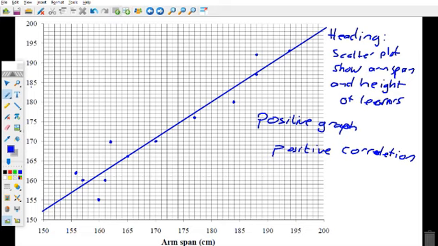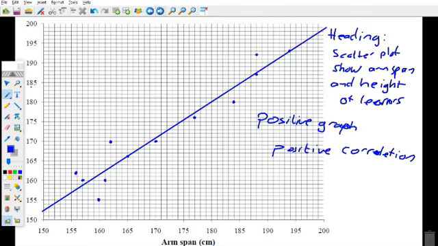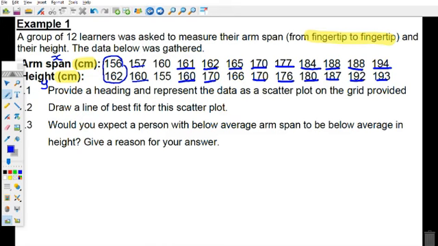So if they're asking the question here, would you expect a person with below average arm span to be below average in height? Give a reason. So if they're below average in arm span, so they're on the low end here, do you expect them to have a high height or a short height? You're going to have a short one. So if they're below average in height, they're going to have a below average arm span.